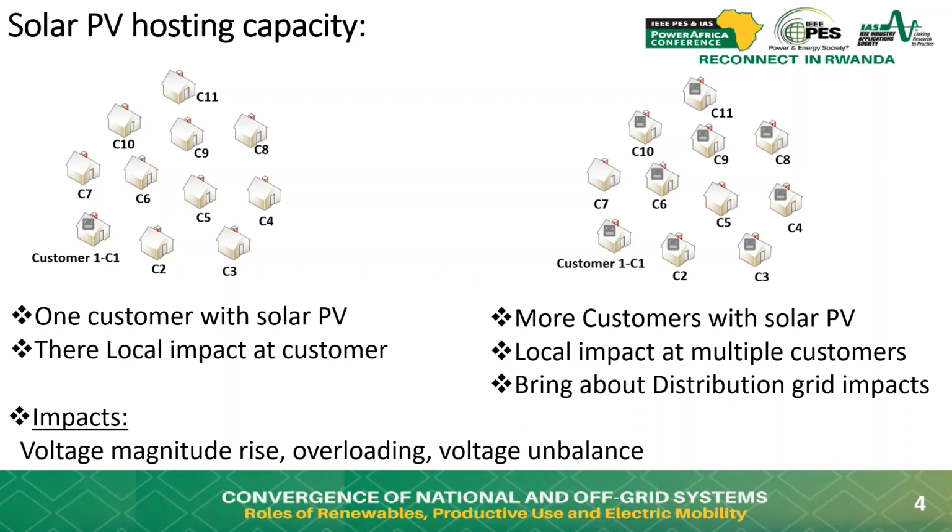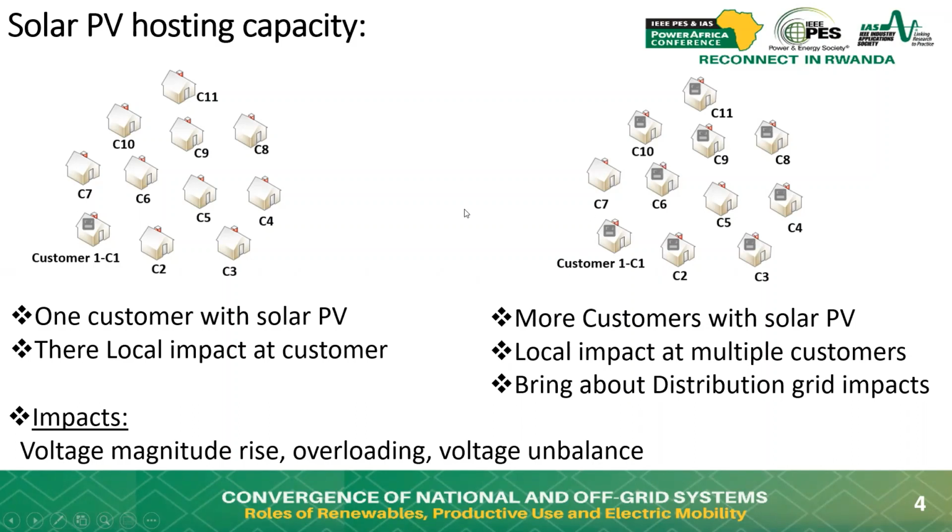But then with time, you find that the number of customers that install solar PV increases. As we can see on the second diagram here, from one customer which had solar PV to multiple customers that are distributed.